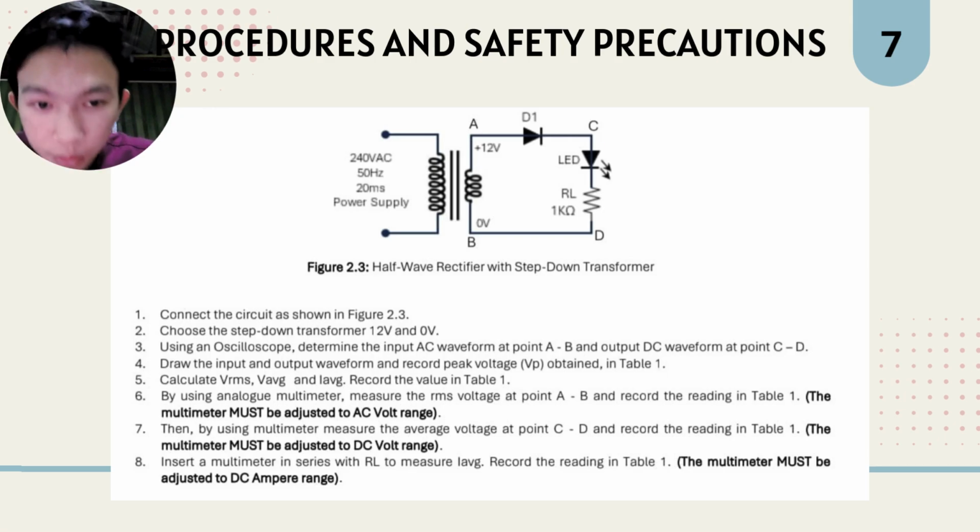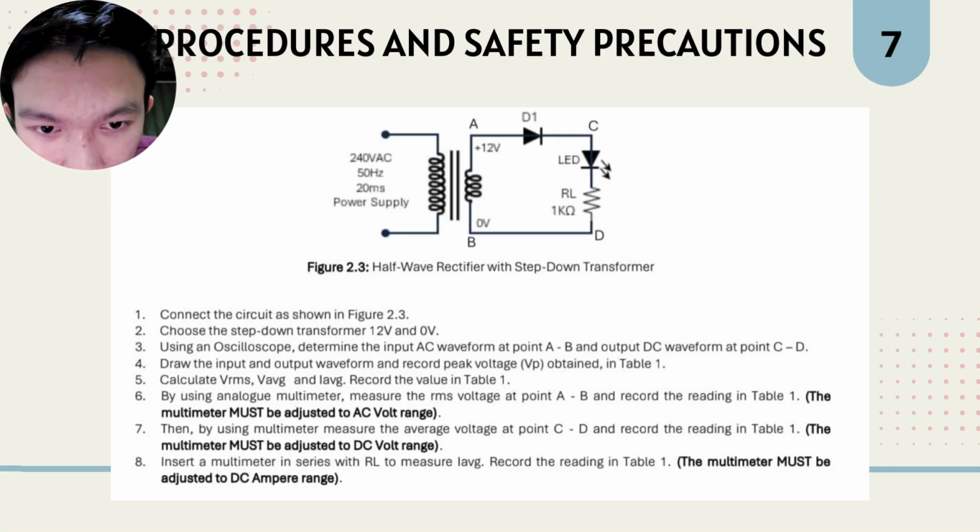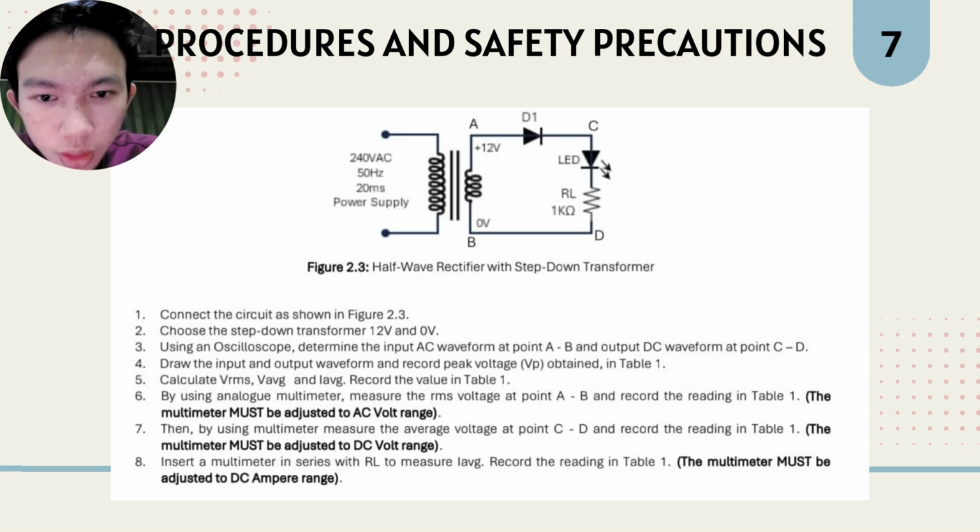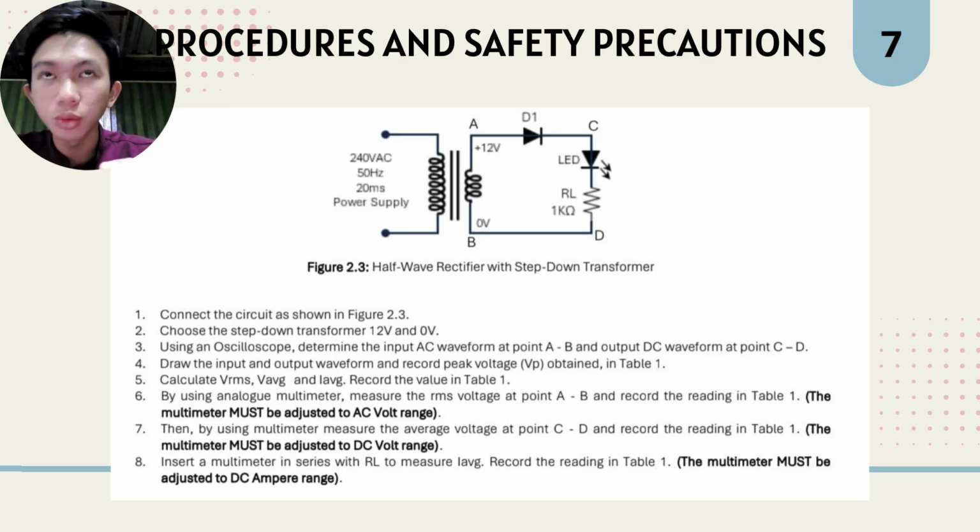Next part is by using an analog multimeter, measure the VRMS voltage at points A and B and record the reading in the table. When we use the multimeter to measure the VRMS voltage at points A and B, we need to use the AC volt range.